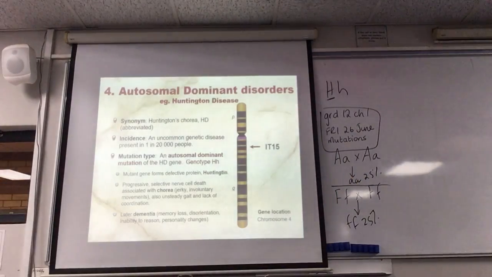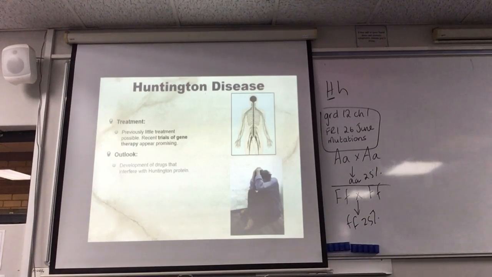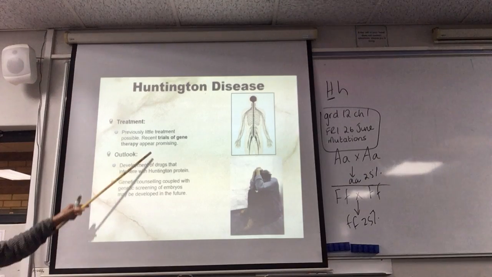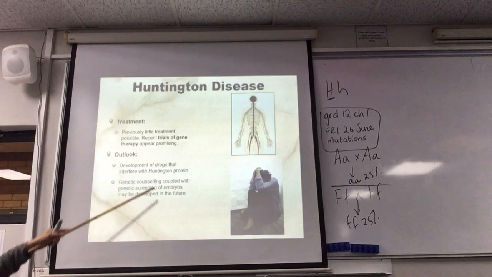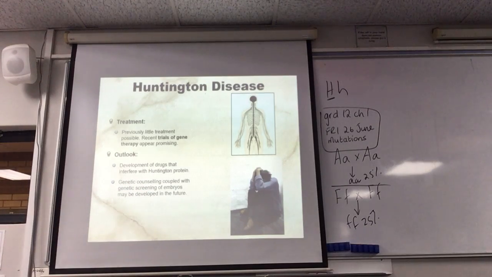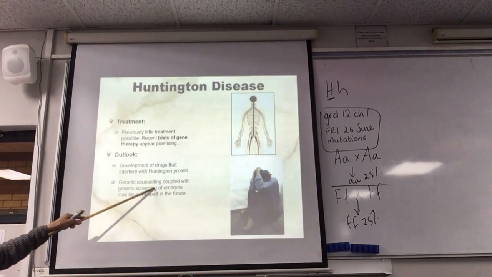All right, so let's go over here. Treatment. This is a little bit old, but trials of gene therapy look promising. There are some drugs that interfere with the Huntington protein so they can try and lead a normal life, and then obviously genetic counseling.